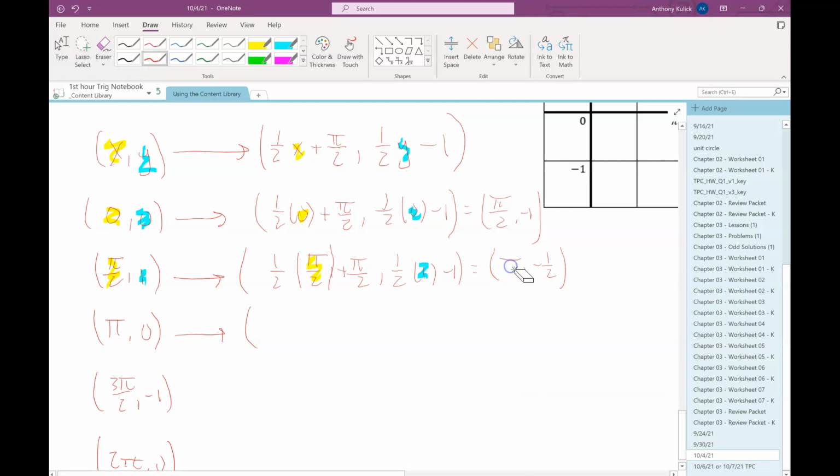Oops. Help if I wrote the right thing here, though. This is 3/4 pi. Yikes!